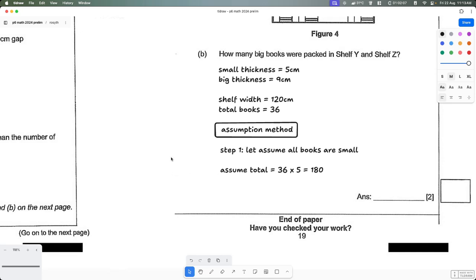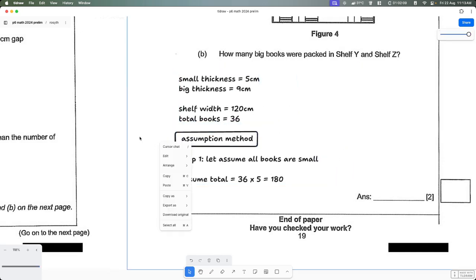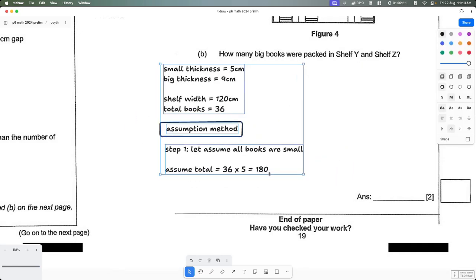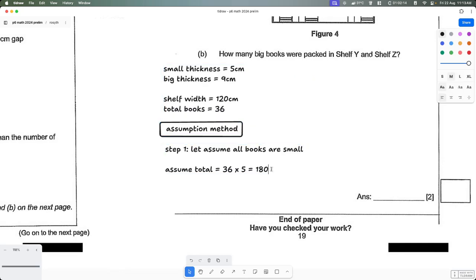Step 2 is the difference. So that means the total difference is equal to 180 minus 120, which is equal to 60.